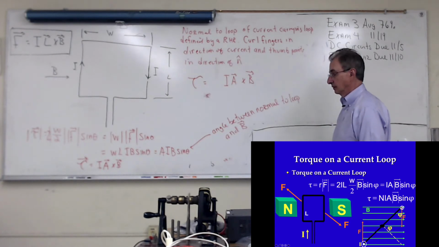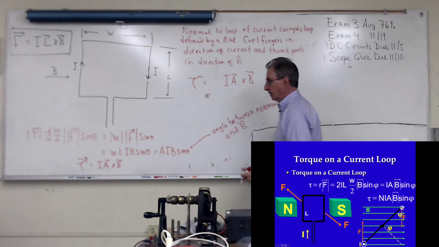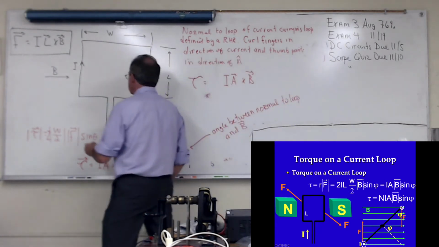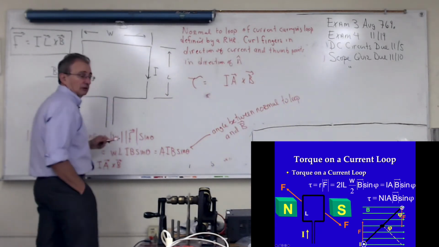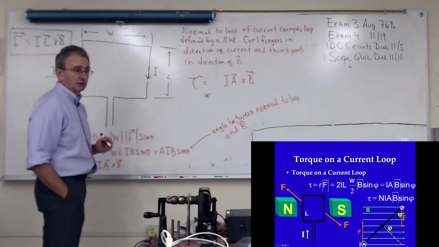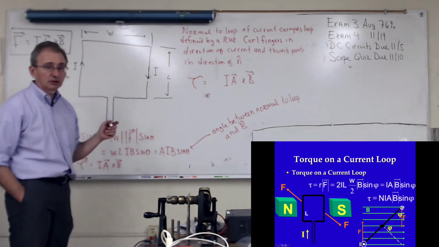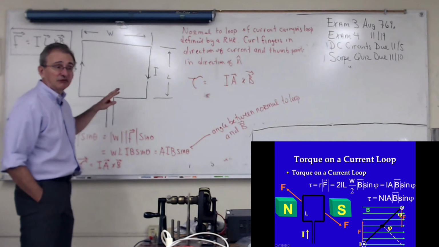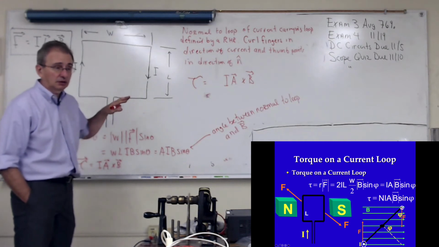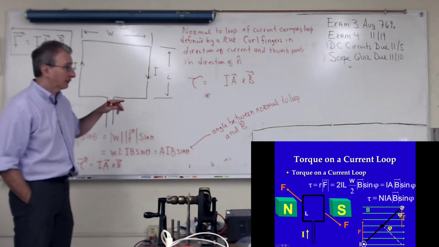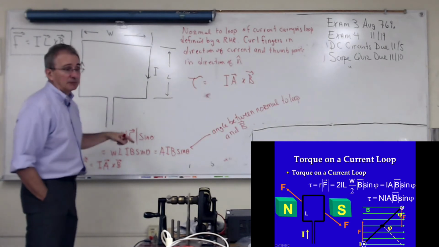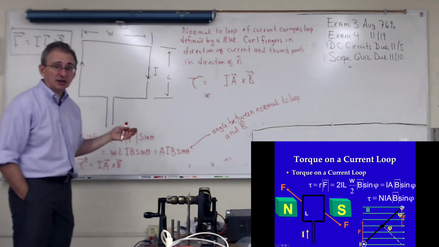Okay? Now I'm missing something. What if this is 50 loops instead of one loop? Then I should multiply this by 50, right? If this is wrapped around 50 times, then the torque is 50 times as big. Isn't that true?